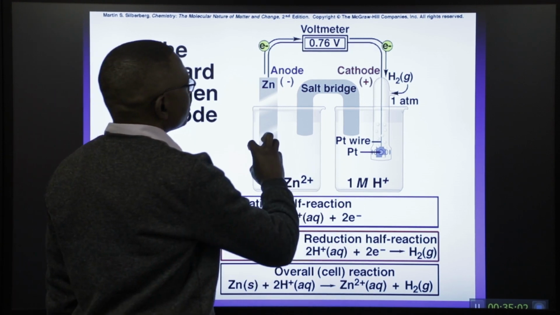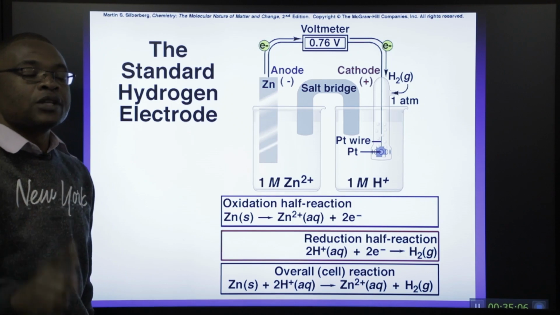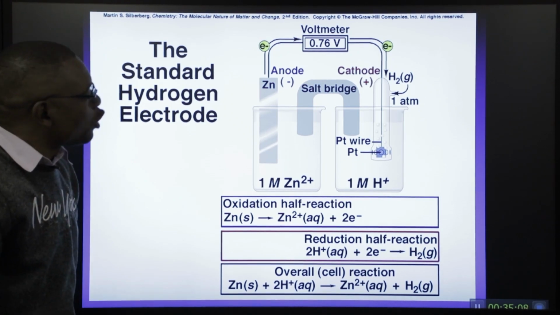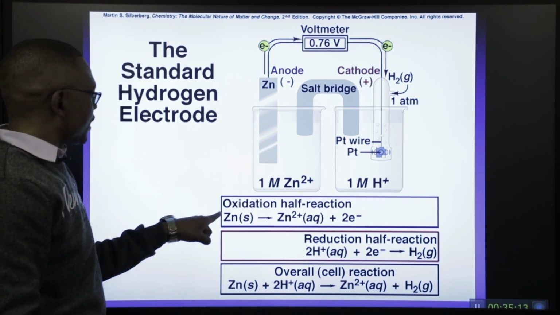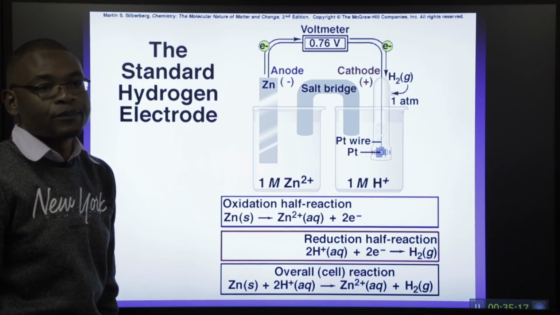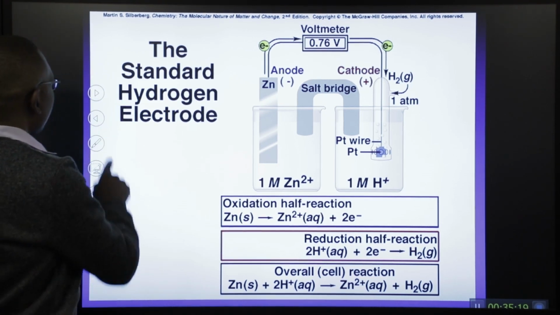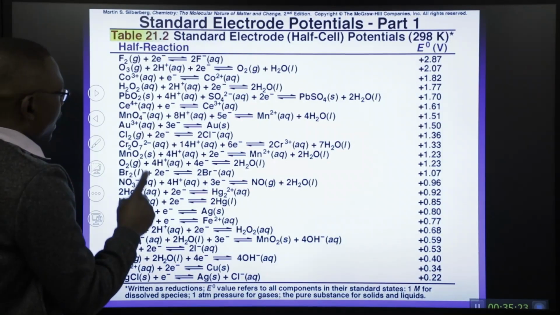It means that the higher the positive value, the more the material behaves like this, where it quickly goes into solution and gives up the electrons. So that's why it is best to use that material as an anode.